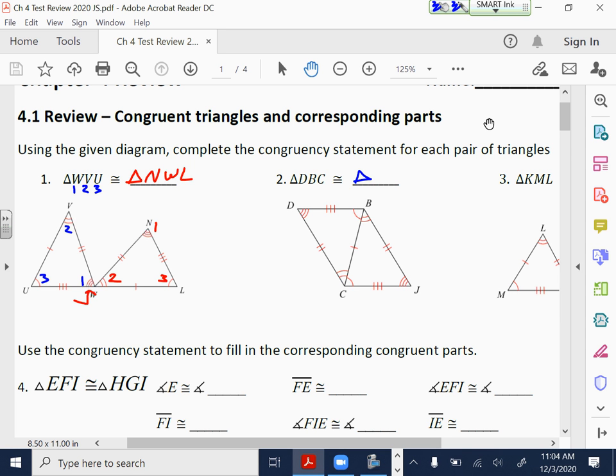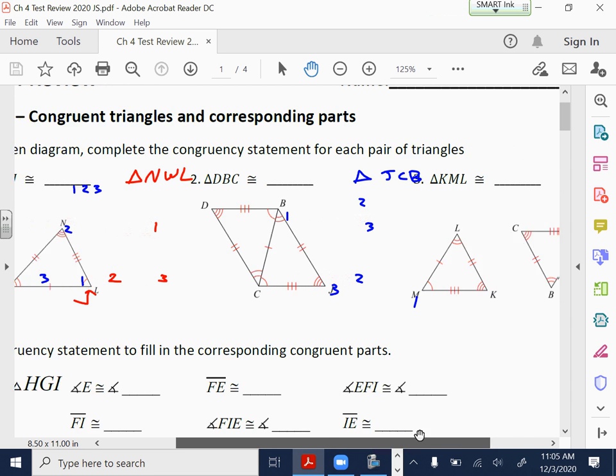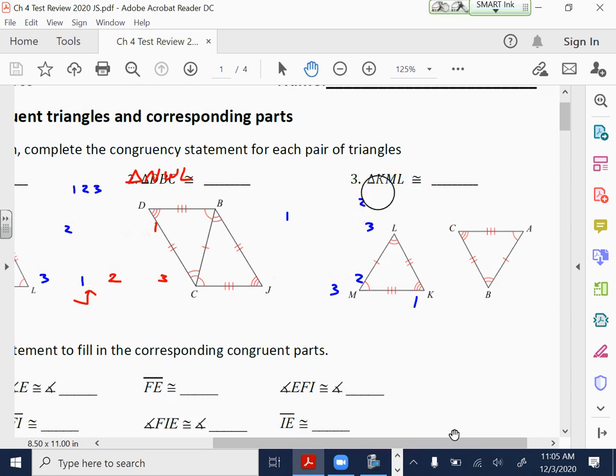So we have D, B, C. D was 3 arcs, so we have J, and then C, B, so JCB. And this last one, we have KML.